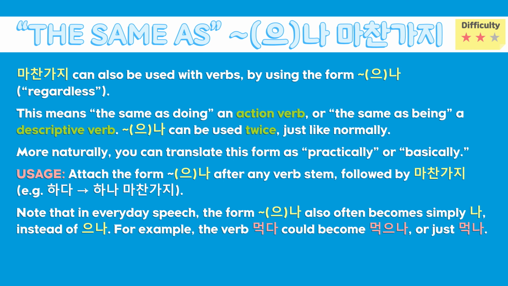To use it, attach the form 으나 after any verb stem followed by 마찬가지. So 하다 would become 하나 마찬가지. Note that in everyday speech, the form 으나 also often becomes simply 나 instead of 으나. For example, the verb 먹다 could become 먹으나 or just 먹나.